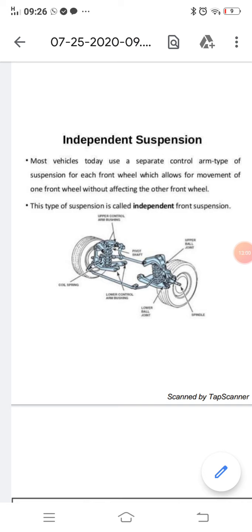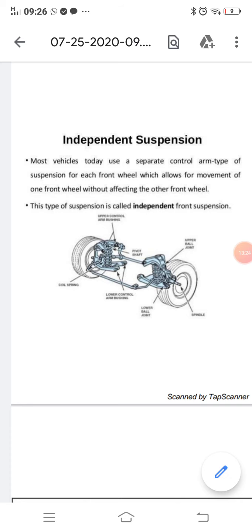So both wheels can move independently, and when one wheel is moving, the other wheel isn't affected by it.